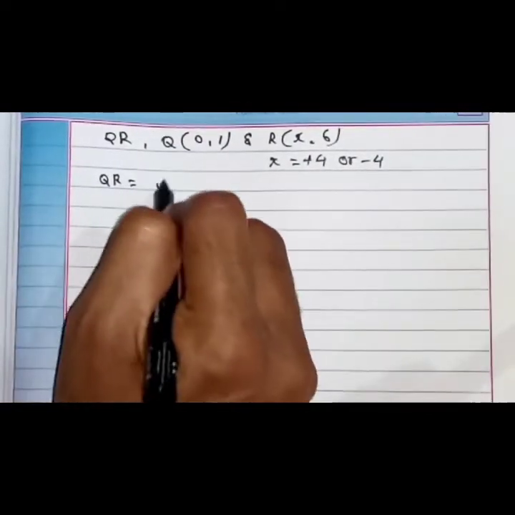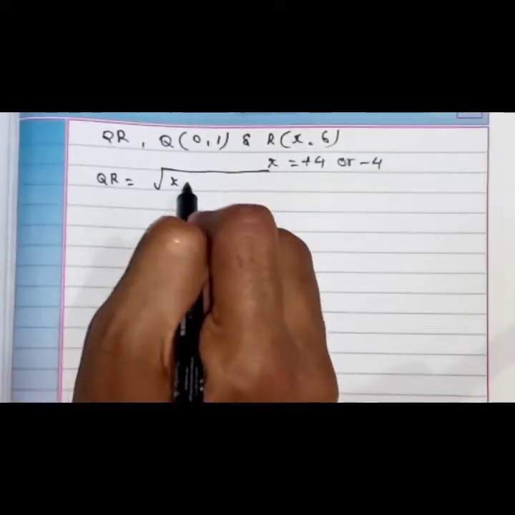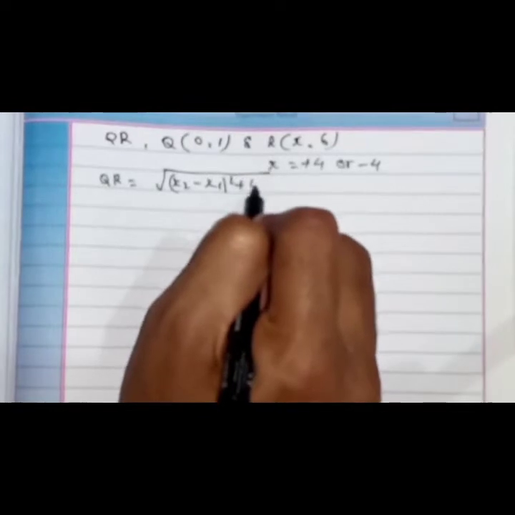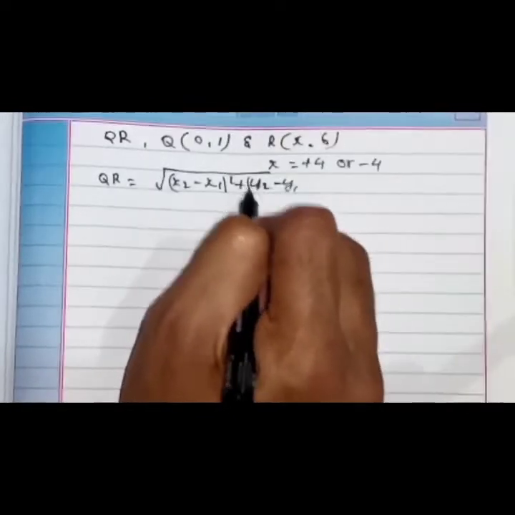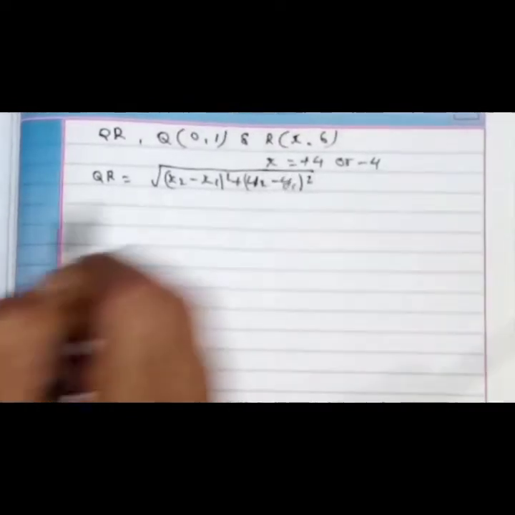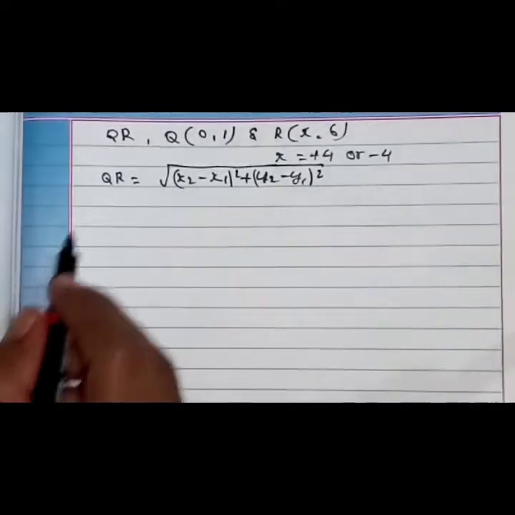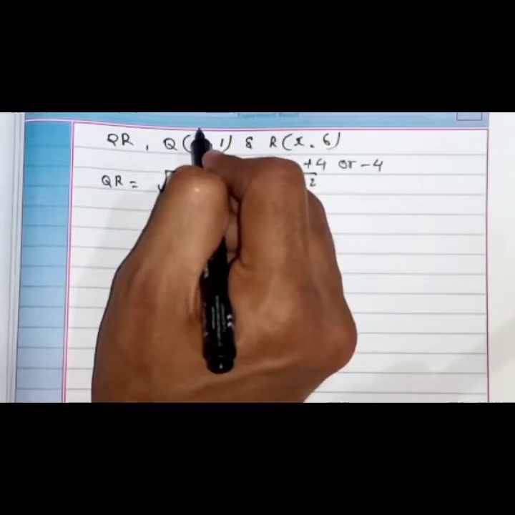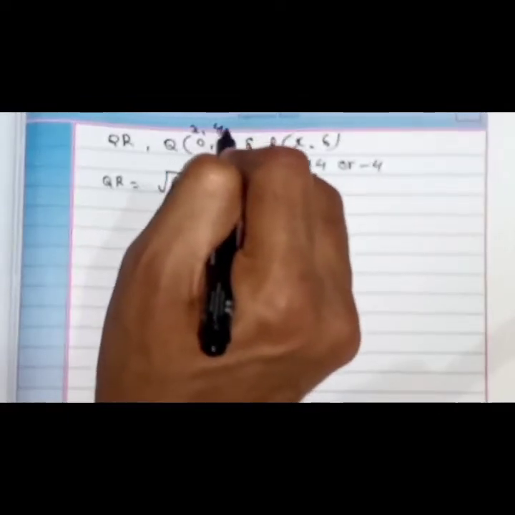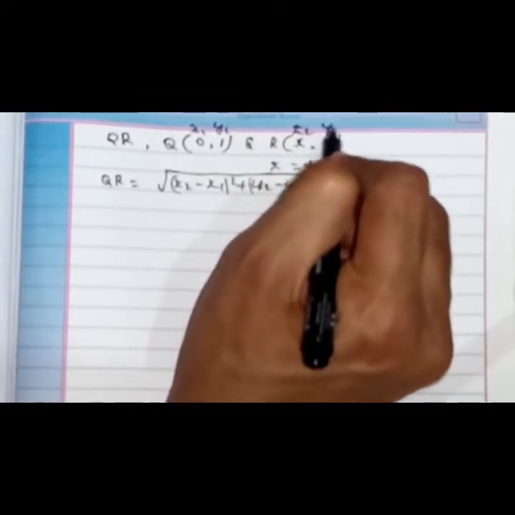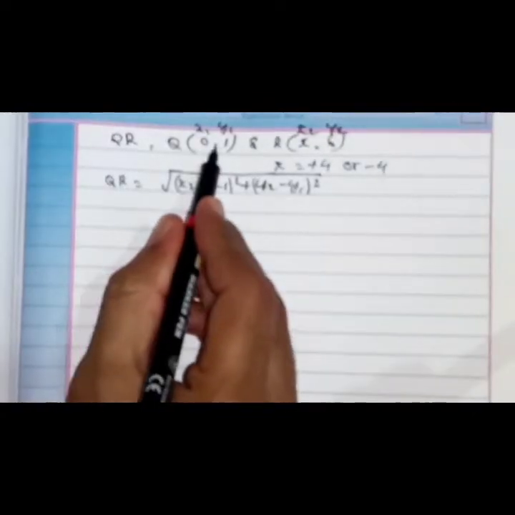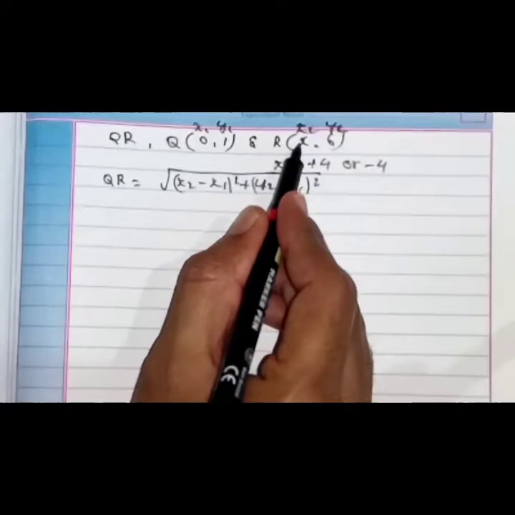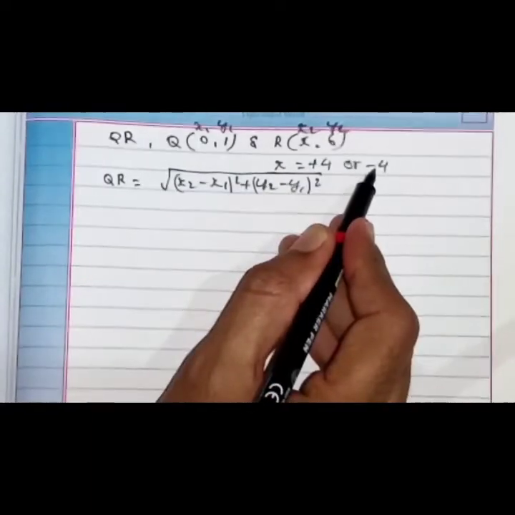So therefore QR is equal to square root of, as usual, x2 minus x1 whole square plus y2 minus y1 whole square. Right, children? So write down the values first here. As usual, write down x1, y1, x2, y2. x1 is 0, y1 is 1, x2 is nothing but plus 4 or minus 4.